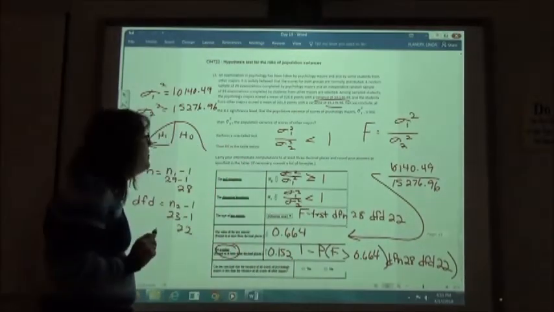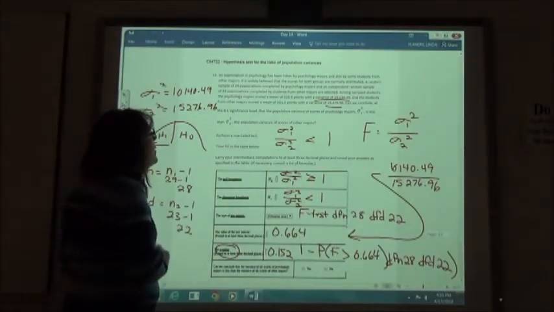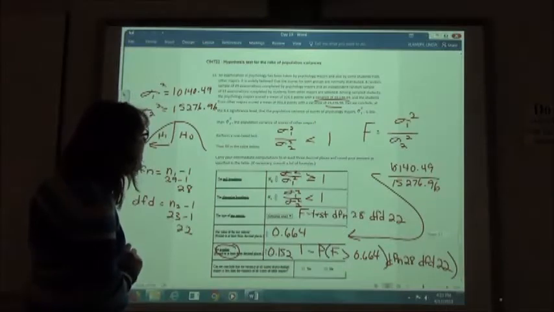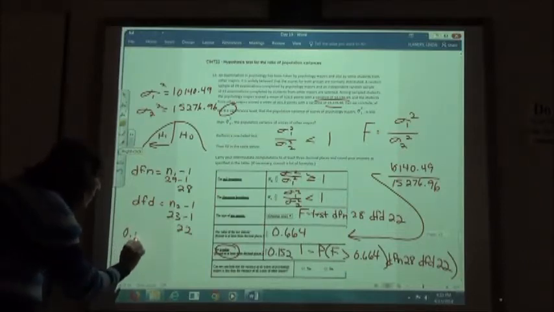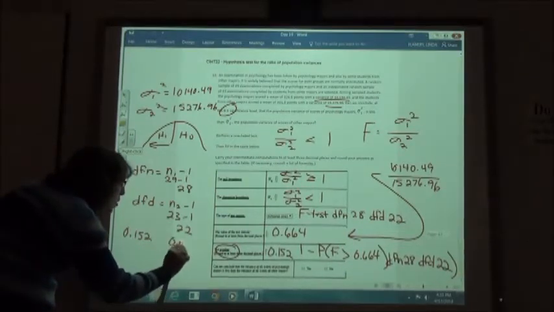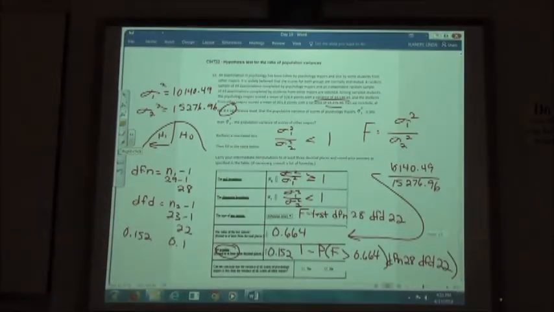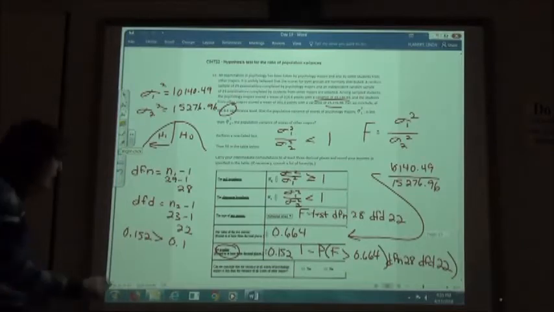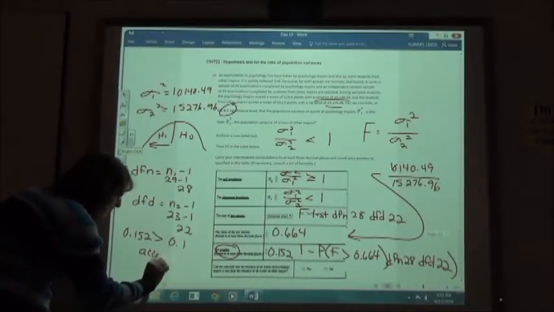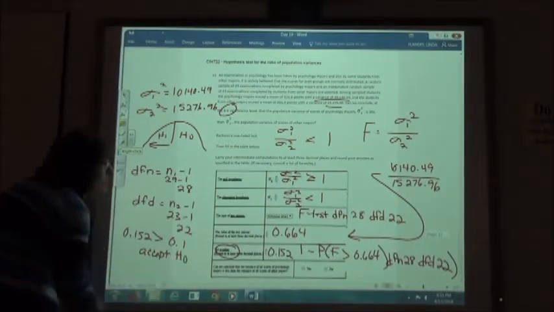0.152. We're testing the p-value, so we're comparing it to the level of significance. Our level of significance that we are checking is 0.1. So 0.152 compared to 0.1 would be greater than. If it's a greater than, we are going to accept the null.